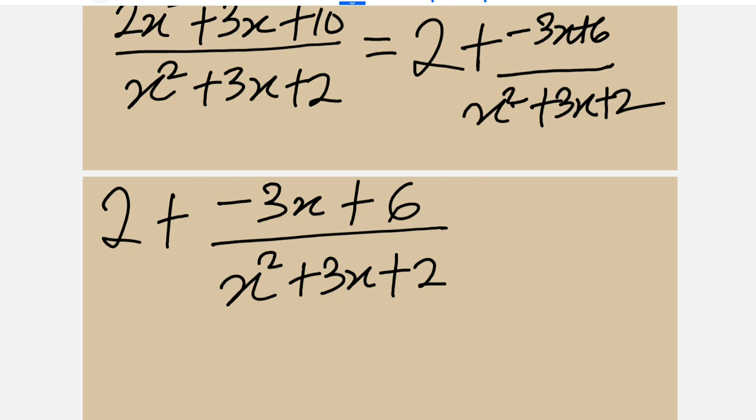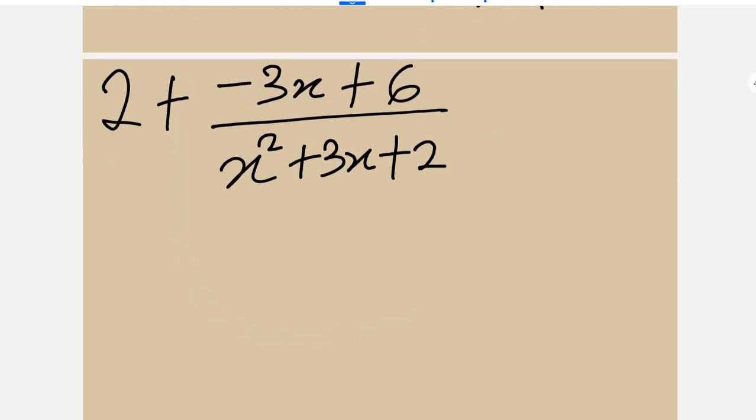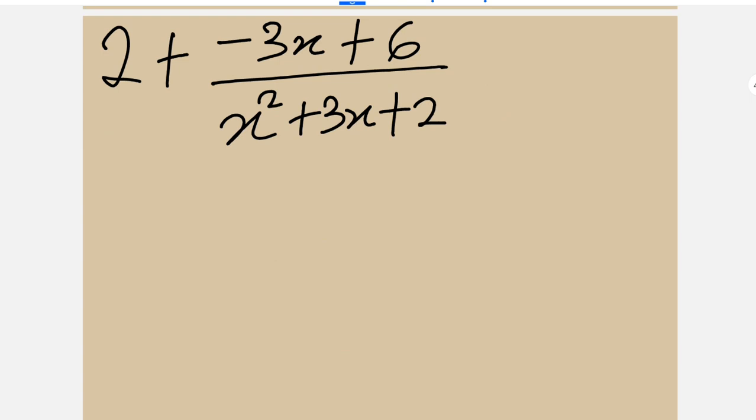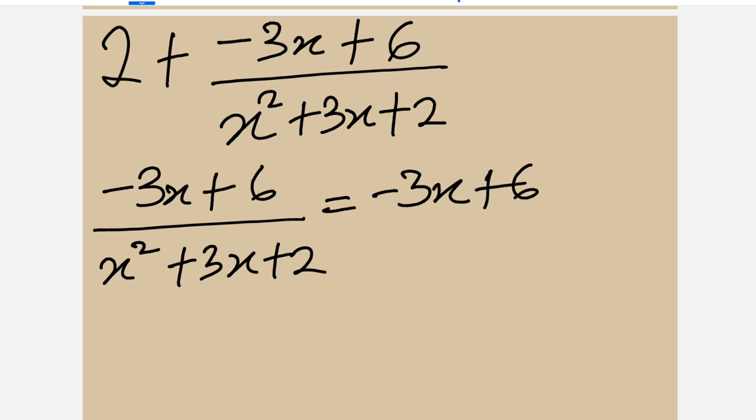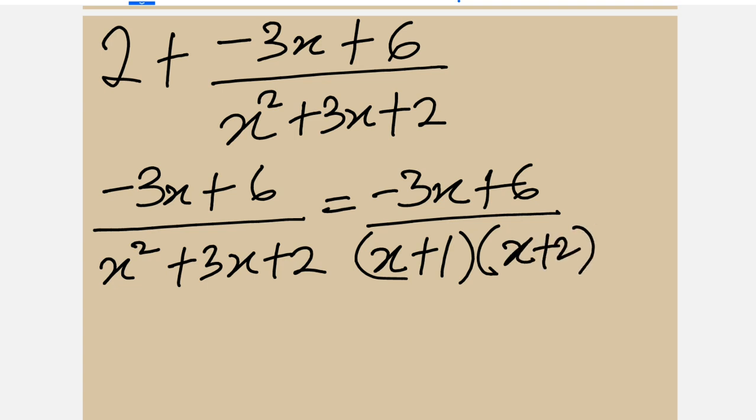We start with minus 3x plus 6 divided by x squared plus 3x plus 2. It will surely give you minus 3x plus 6 over (x + 1)(x + 2) in expanded form.